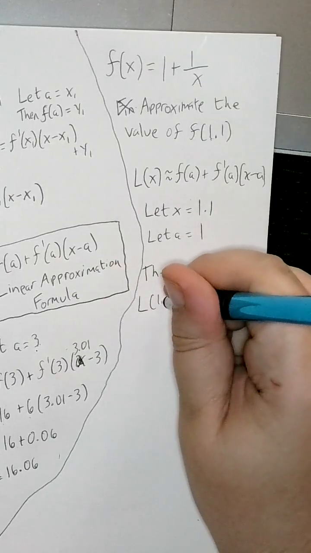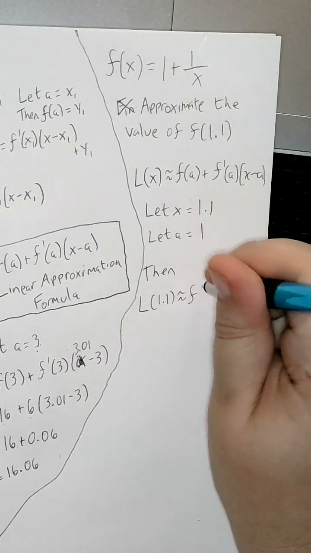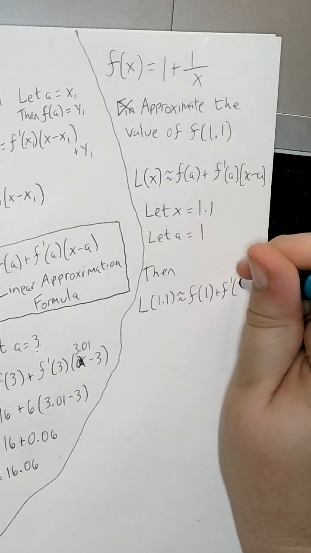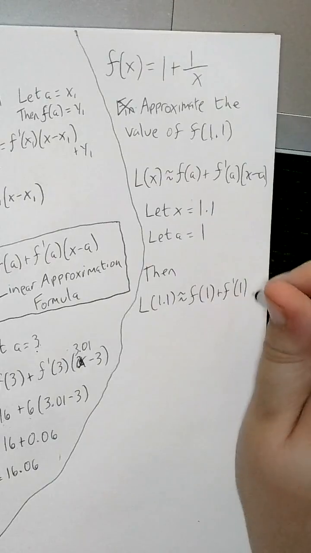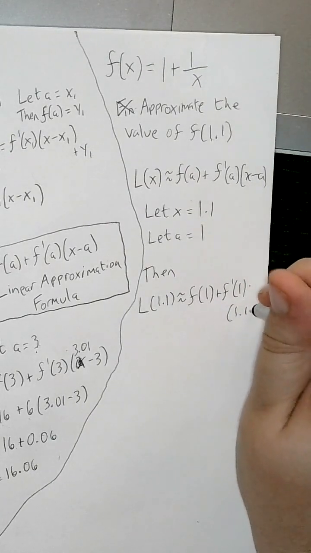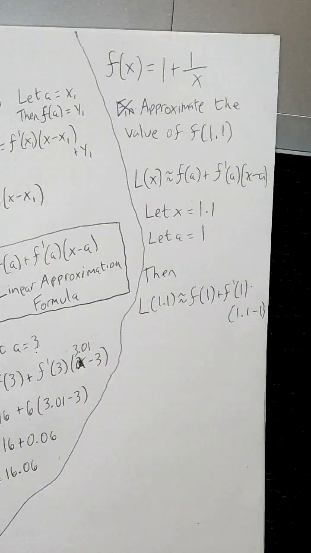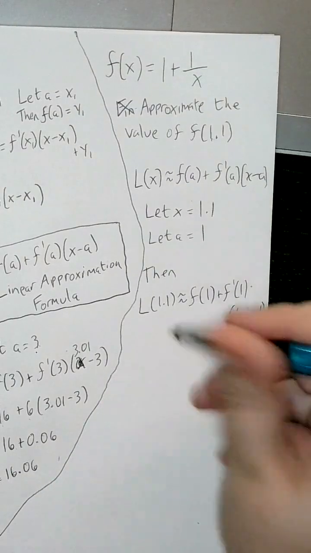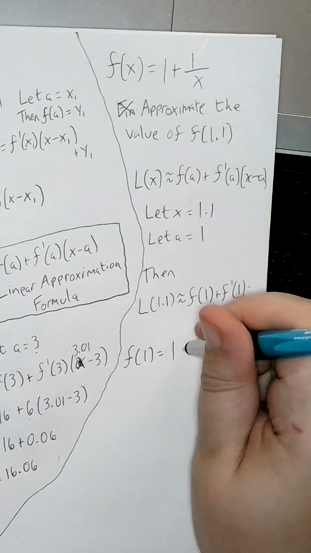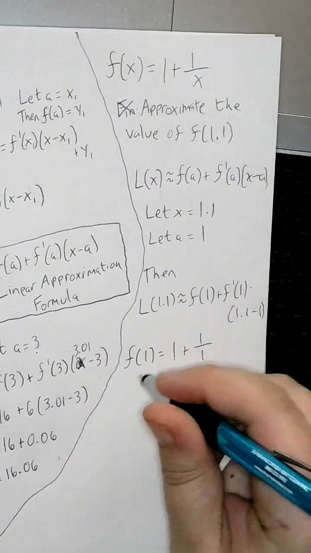So then L of 1.1 is approximately equal to f of 1 plus f prime of 1 times 1.1 minus 1. Okay, so let's find f of 1. So f of 1 is equal to 1 plus 1 over 1. What would f of 1 be?